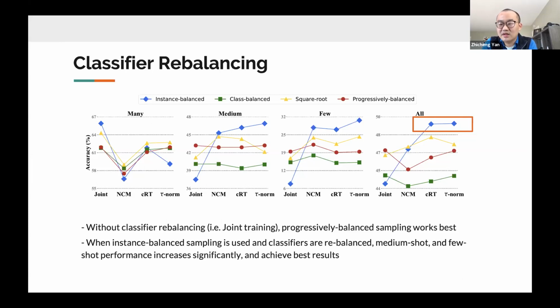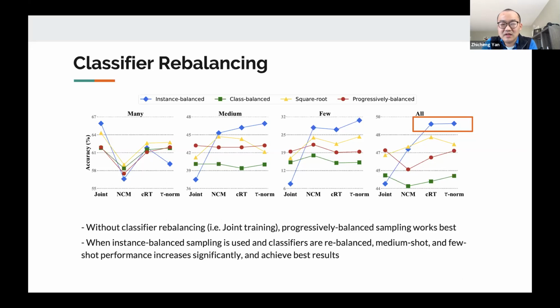We tried out retraining the classifier, and we also tried out simple tau-based normalization. These two methods work equally well and much better than the baseline methods.